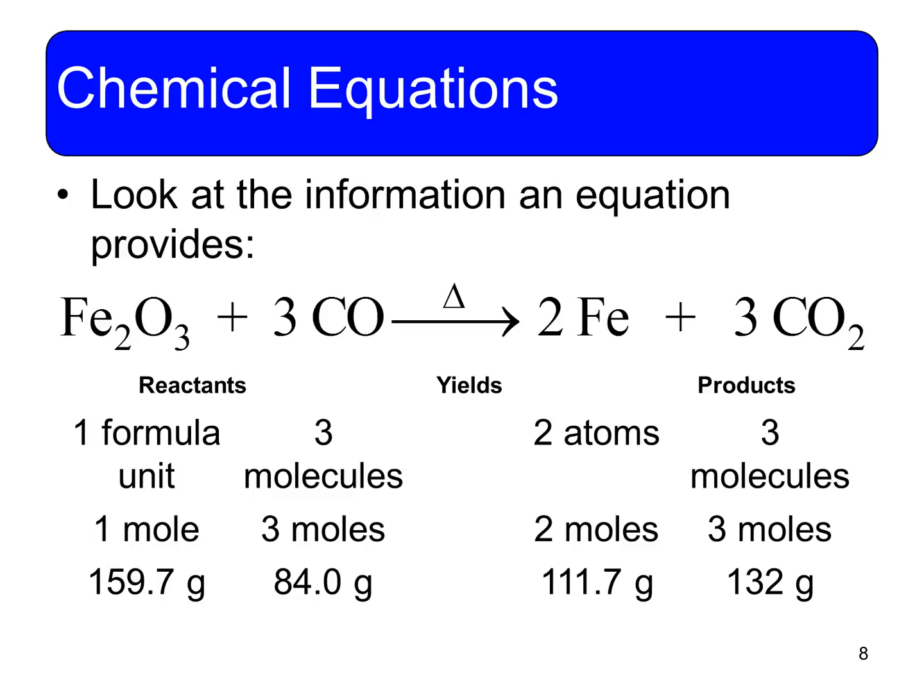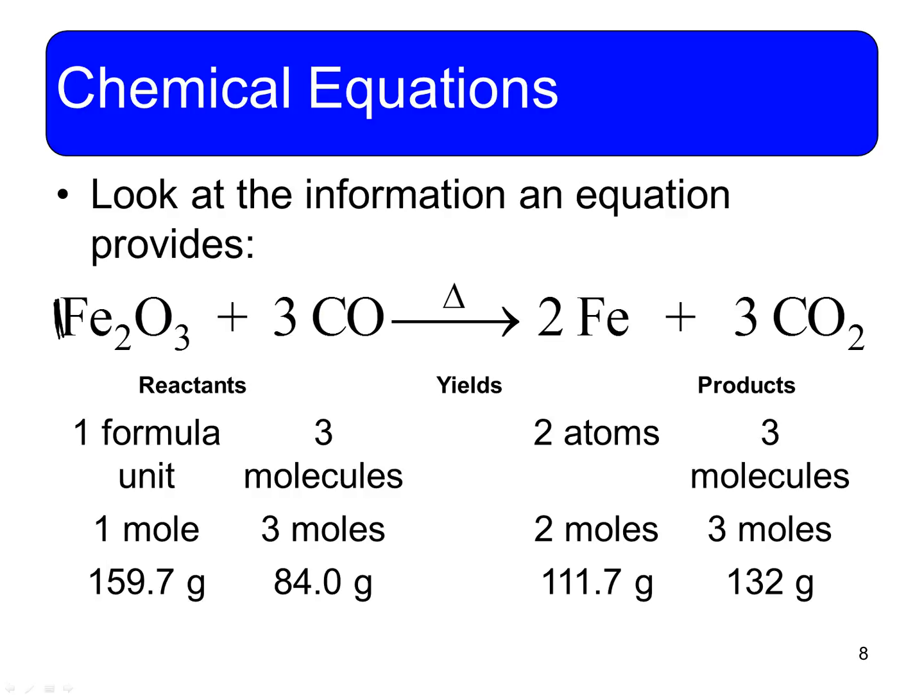If we look across, we're going to look at our coefficients. Out front, it's understood that we have one formula unit, or 1 mole, of iron(III) oxide. For our carbon monoxide, we have 3 moles. That's what the 3 out front stands for.